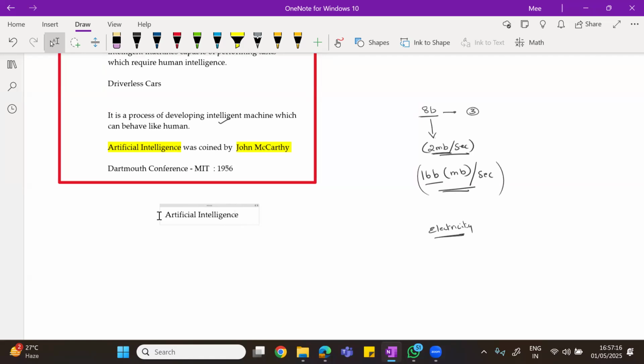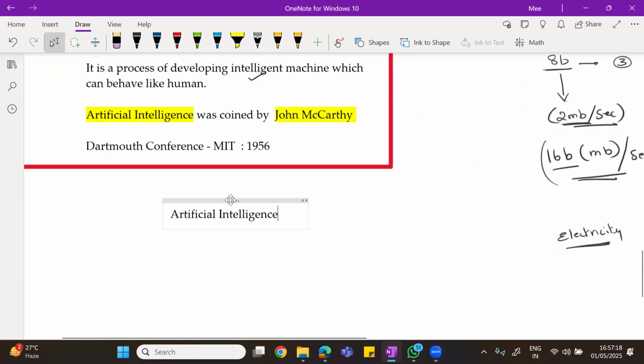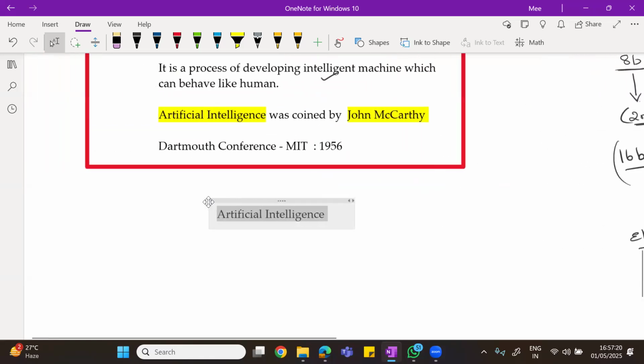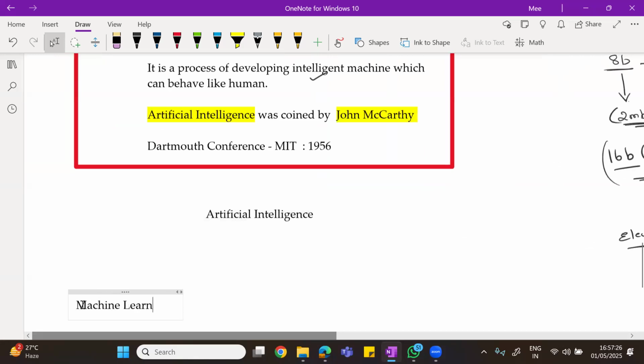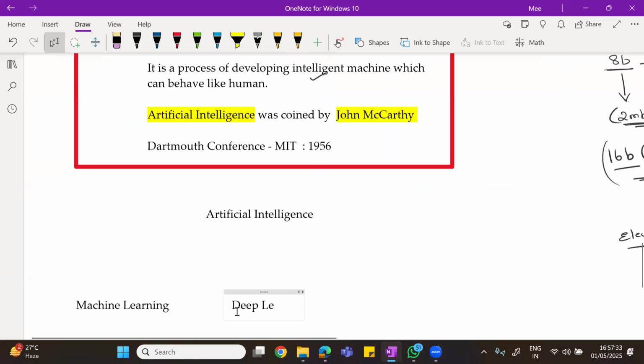But to implement this, he talked about the entire process. To implement this AI, we use machine learning, or you can use deep learning, or you can use generative AI. This is the concept, guys.